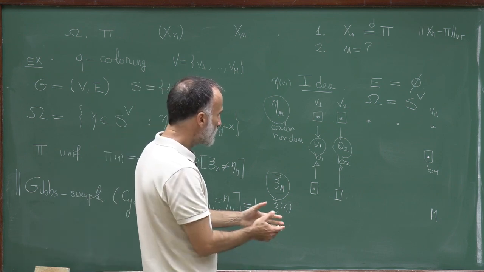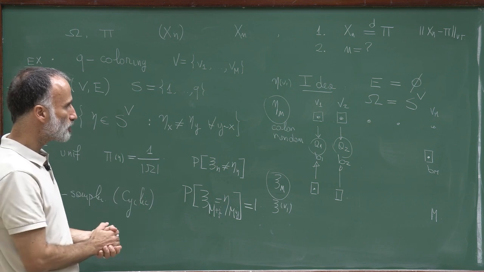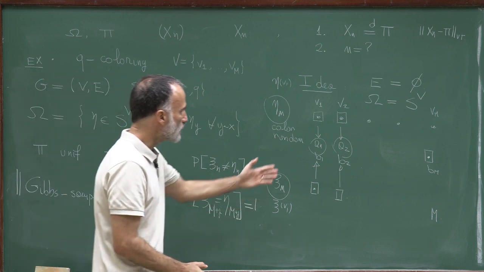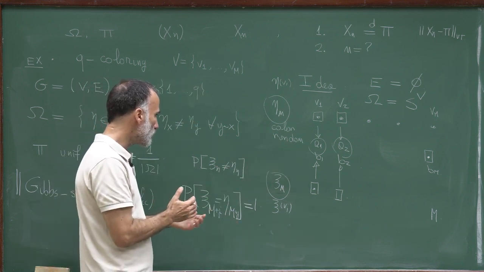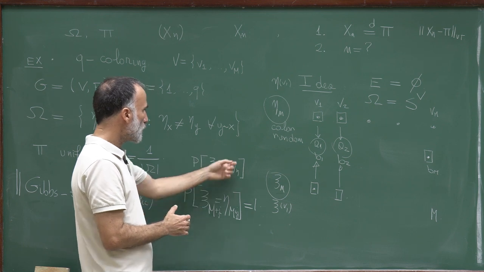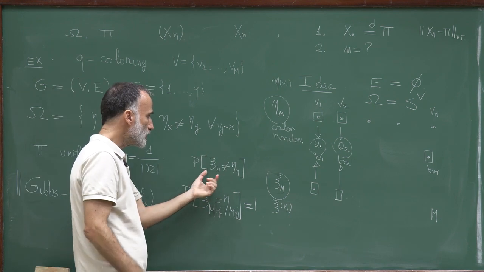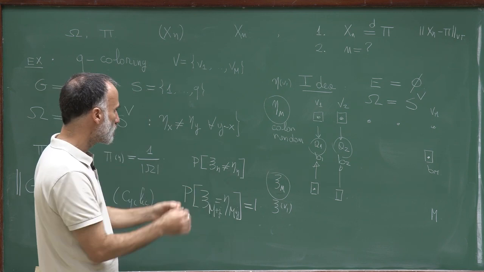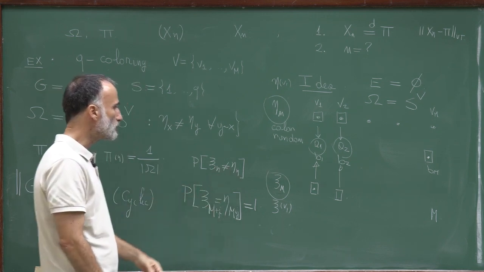So my point here is that there are many ways in which you can define a coupling of two Markov chains. I presented two here, but our goal is to define a coupling which tries to make the two copies equal, so to give a very small probability for having different configurations.